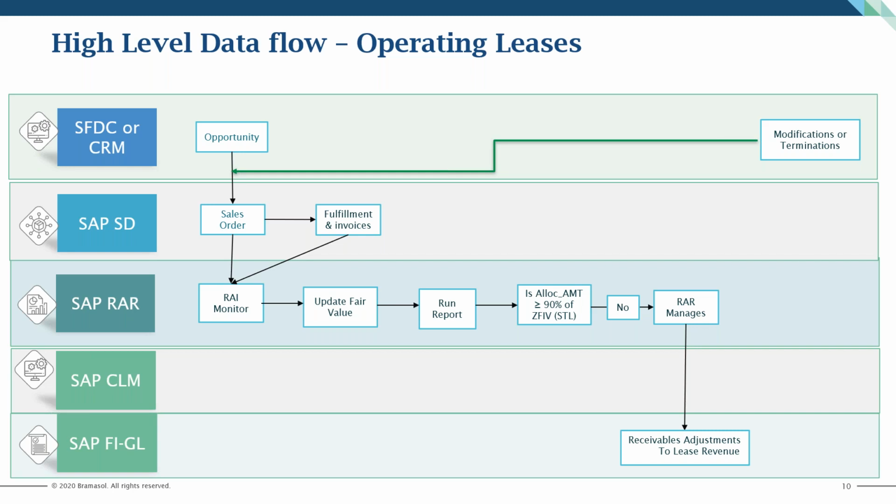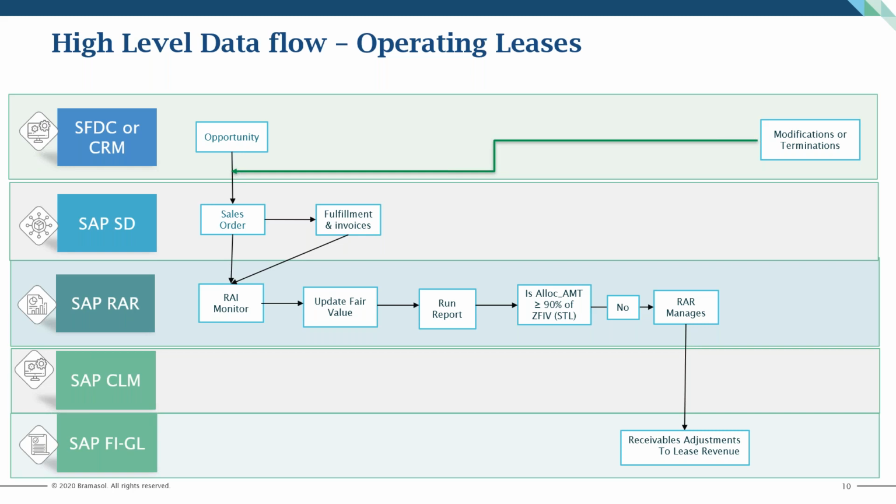So Shirish, let me take a moment. Sarah, what is the RAI monitor? Hi, John. Hi, everyone. So the RAI monitor is the Revenue Accounting Item Monitor. That really is the inbound processing tool that takes all of the relevant revenue accounting information from the original operational documents, and it allows you to provide the correct information around how you're actually going to be recognizing the different materials or line items.